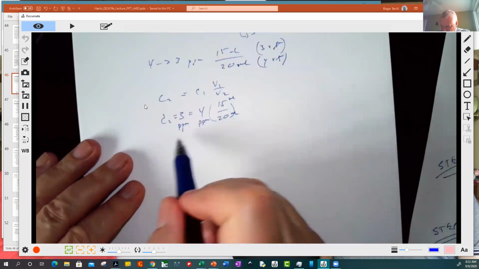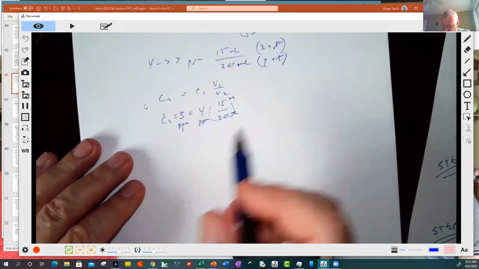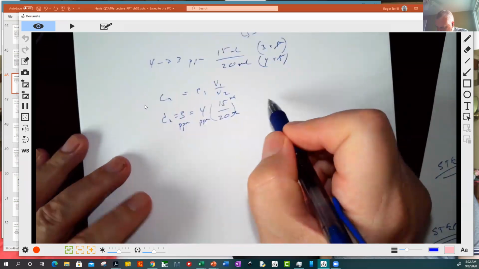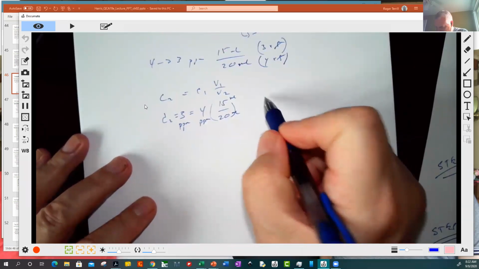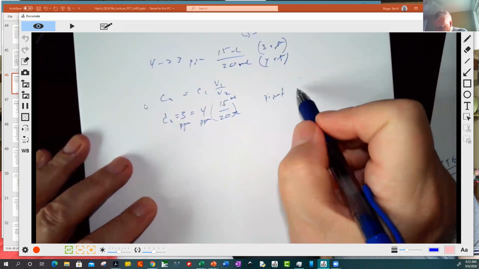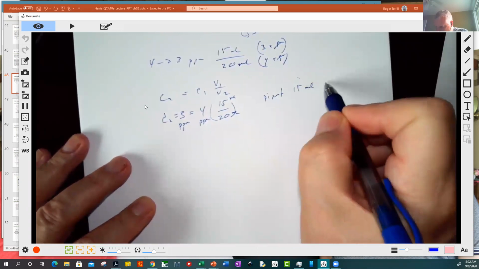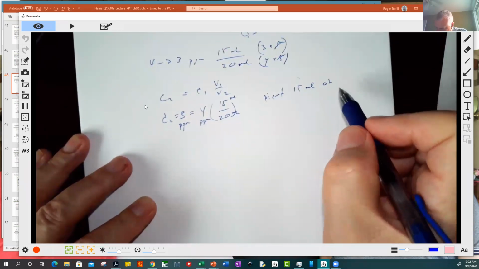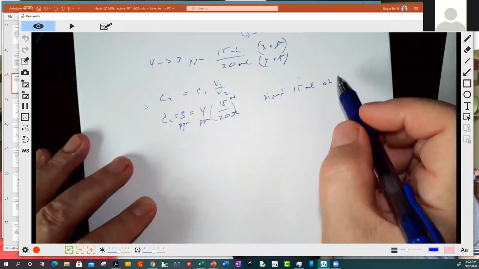So this is our next step to make the 3, right? And the next, so this is with pipette, 15 mLs of, let's see, what is this here?